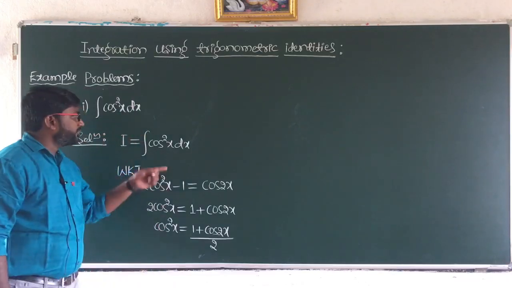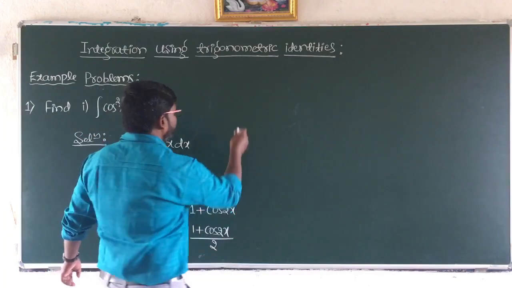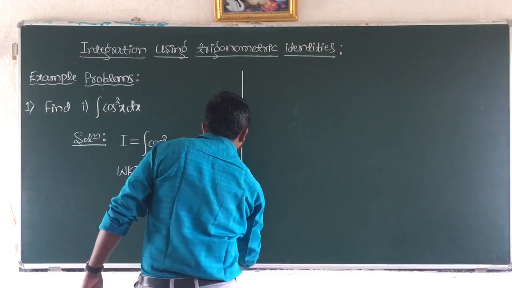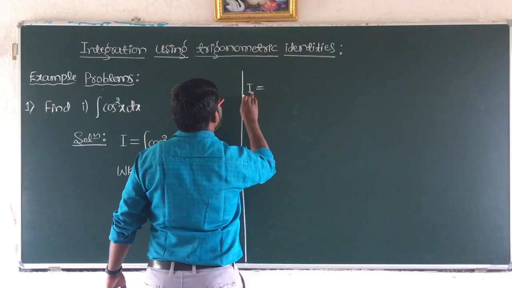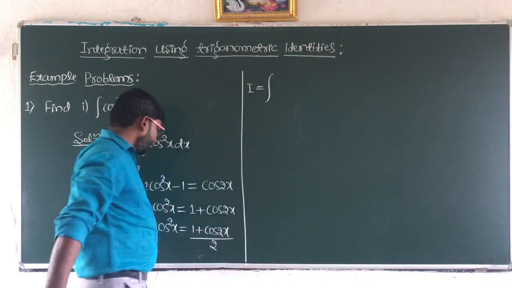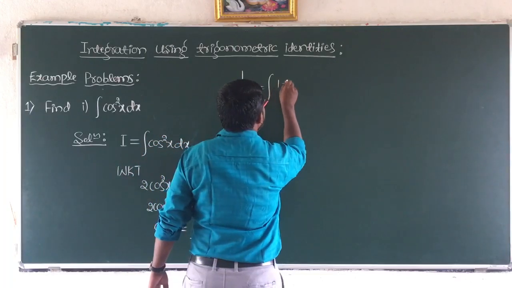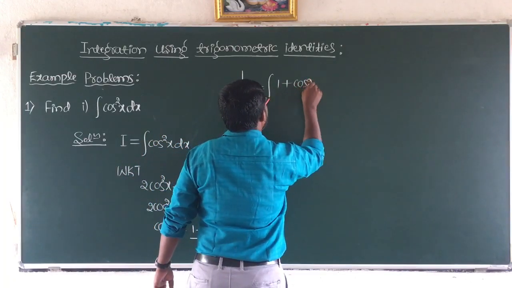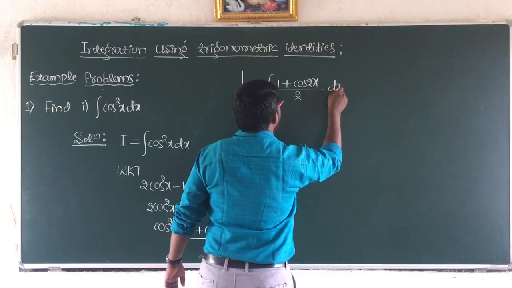Now we have to replace the integrand with this particular term. So let us do that. I is equal to integral, and in place of cos square x, I write 1 plus cos 2x divided by 2 dx.